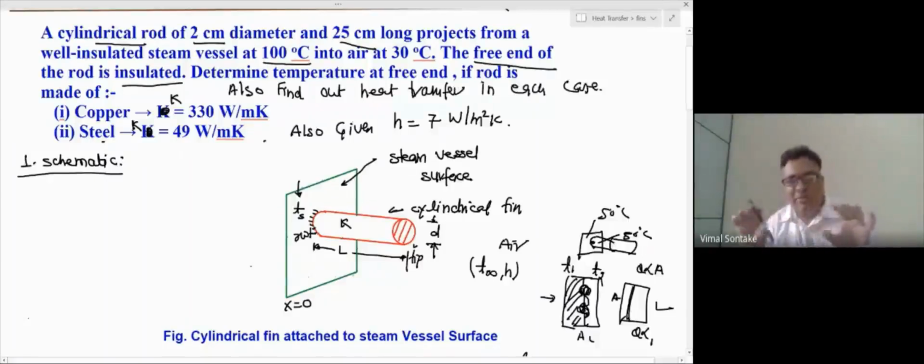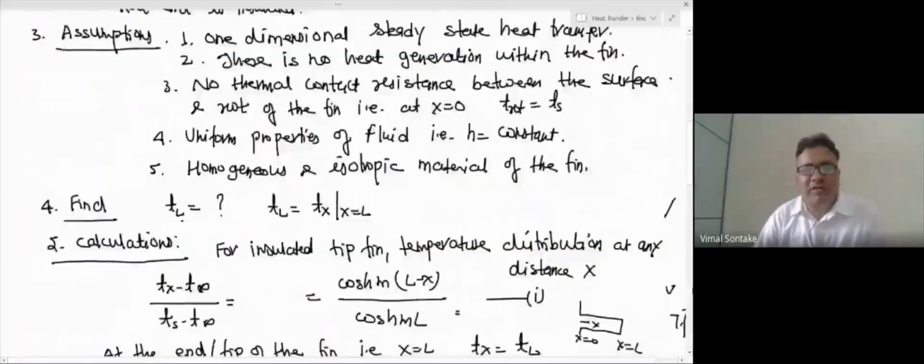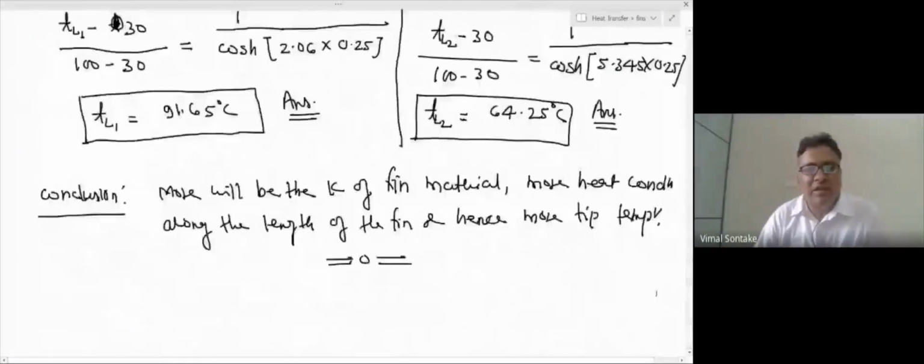I will correct this problem statement while posting the PDF in the Moodle. So you can also calculate heat transfer rate from the fin in both the cases.